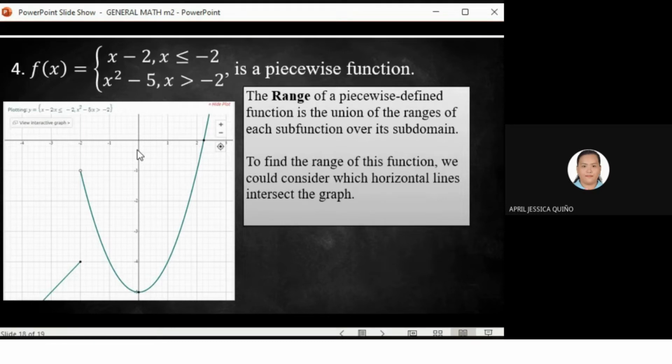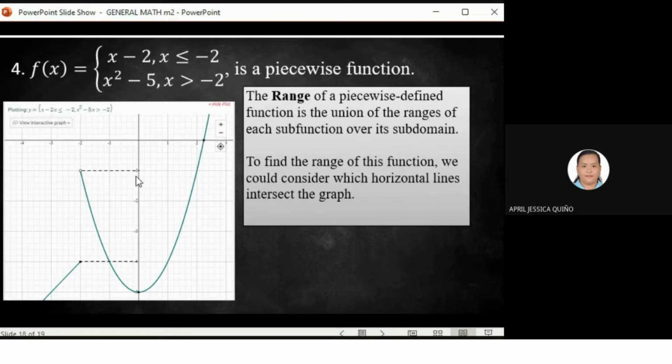In order for you to find the range of this function, we could consider which horizontal lines intersect the graph. As you can see here, I will draw a horizontal line, and I found out that the first function intersects at negative 4, on the y-axis.